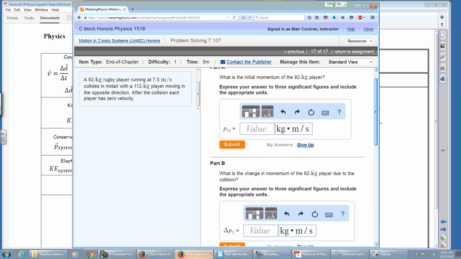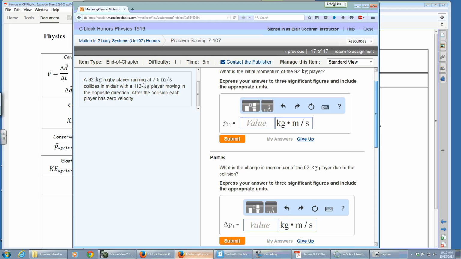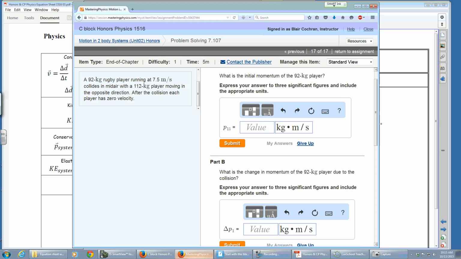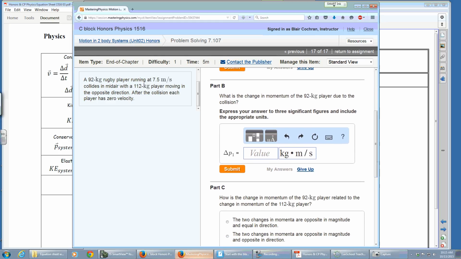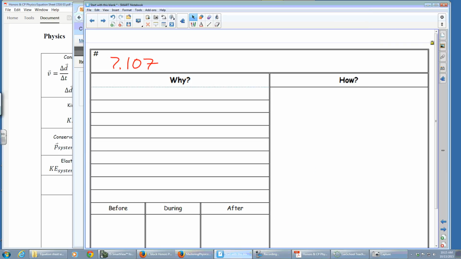Let's see. I'm assuming people had okay finding the initial momentum. Yes. Okay. So things that I would put here in the Y to cover all of the parts of the problem, I would show understanding of momentum.